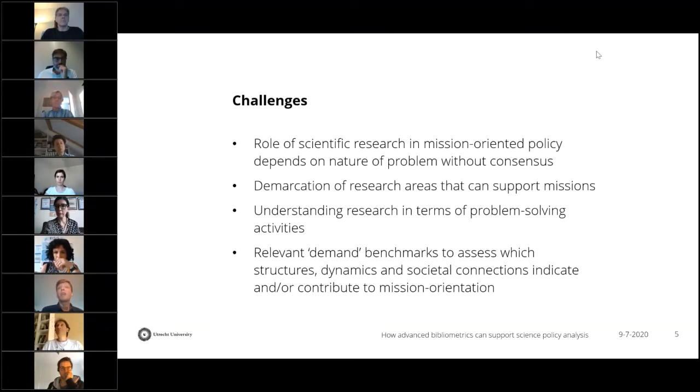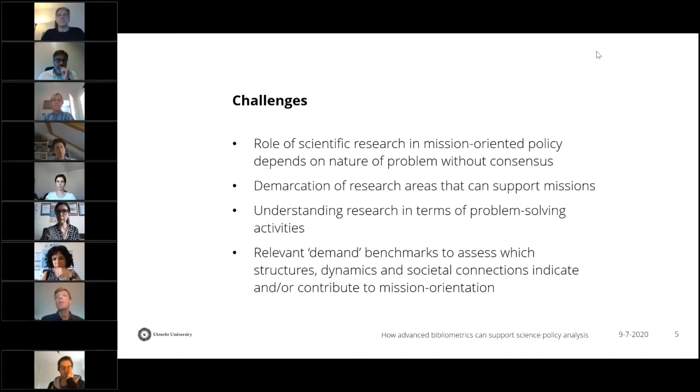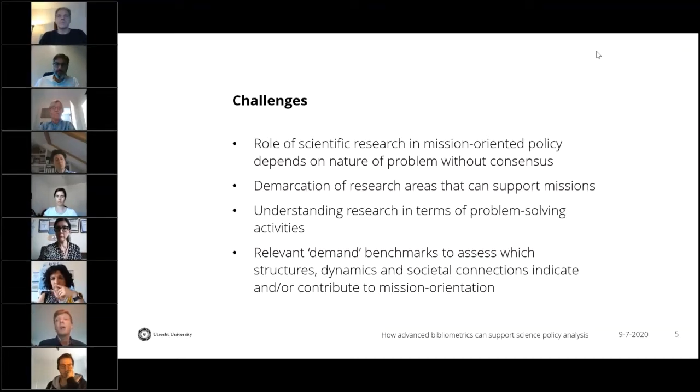For instance, if you think about the cancer example, much research into genetics might be very relevant for cancer research, but at the same time, it will not be picked up when focusing solely on cancer research, because this is captured under general genetic research and not so much within the disease-specific area of cancer.